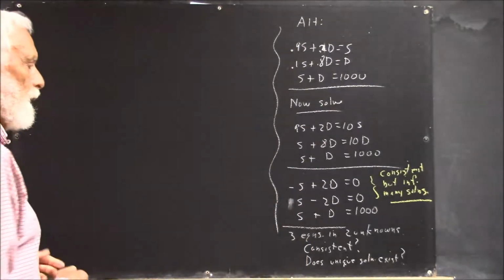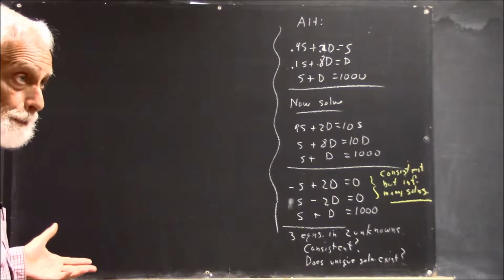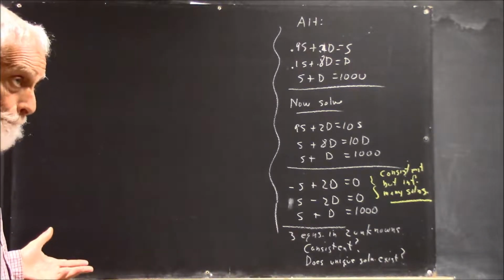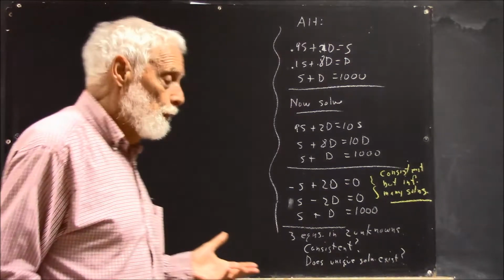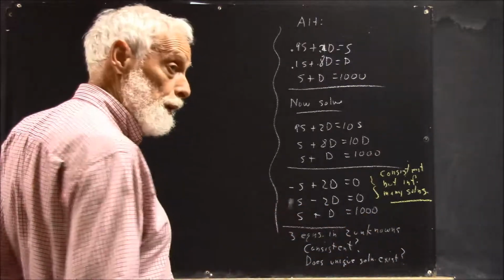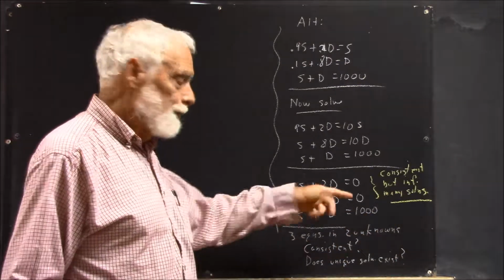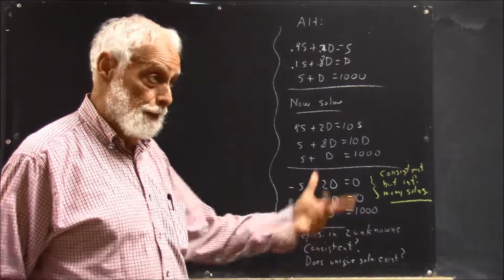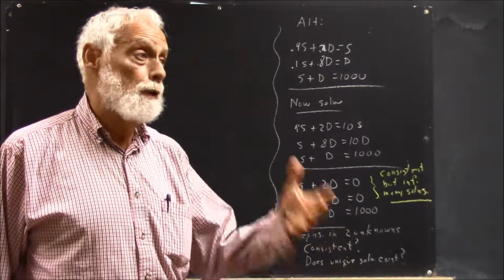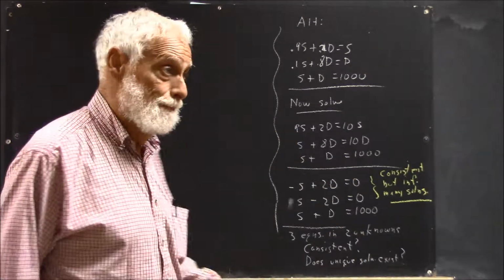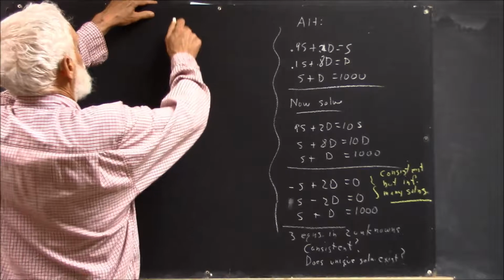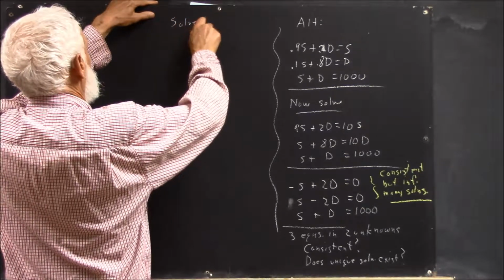So how are we going to solve this system? Now, what most of you want to do is pretty much what we did before. You know, get s equals 2d and plug it in here and solve, right? We're going to do it by elimination, just to illustrate how that works, because it's really important.